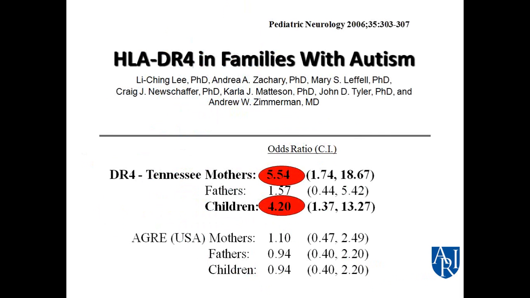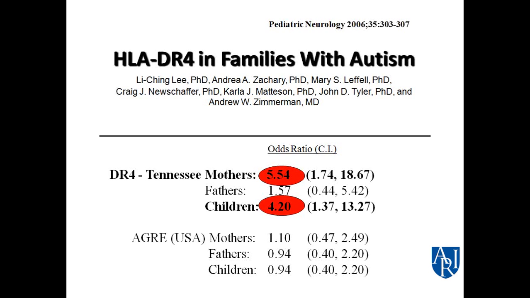Now, early on, as I mentioned, in the early 70s, it was first recognized that there were some families who had a lot of autoimmune disorders in the families. And this was recognized by John Money, a psychiatrist at Johns Hopkins. And later, when I was working in Tennessee, we went on to look at families in our cohort there for their HLA types.